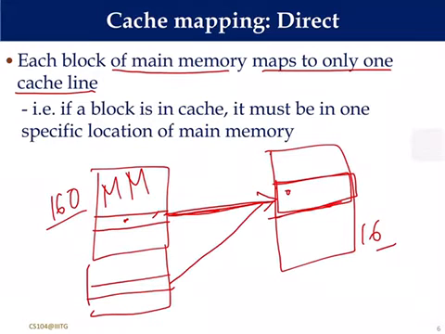After every 16, it is quite natural to repeat. But the main point is that this is fixed. No other block can come to this particular cache line. That's what direct mapping is.